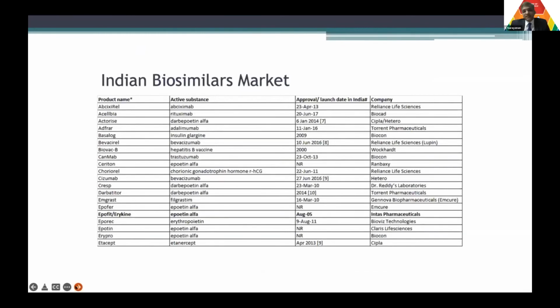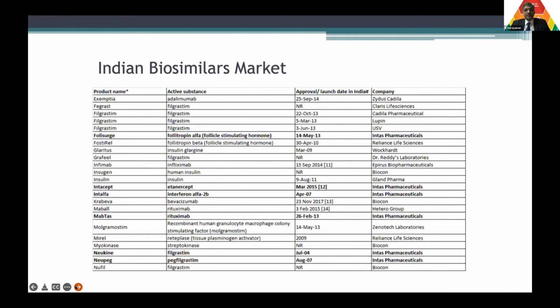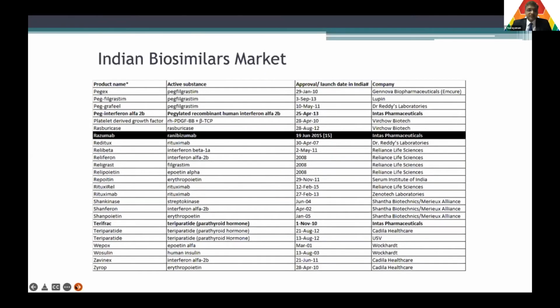But in the Indian market, there are slightly different patent laws, but also India has taken a lead in the number of biologics which have now been produced as biosimilars. So India has been one of the early adopters of biosimilars, and the Indian biosimilar market, this is one page, but it doesn't stop here in one page. There are many tables running into different biosimilars.